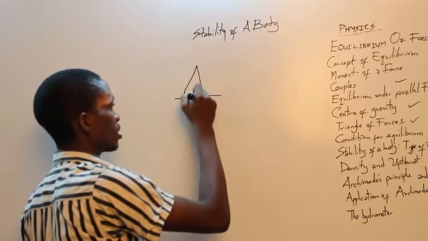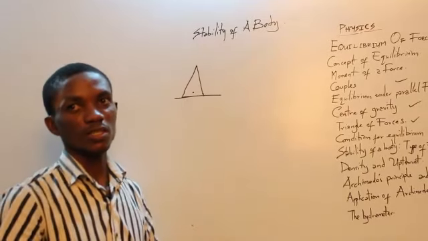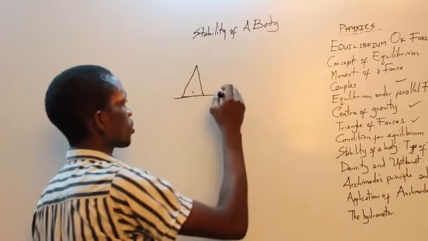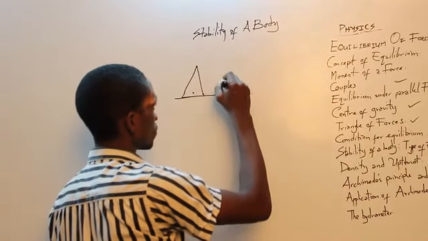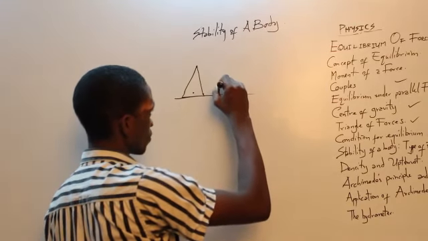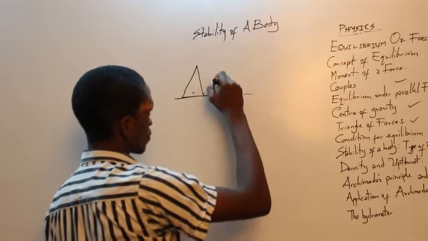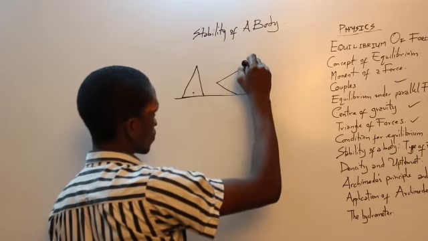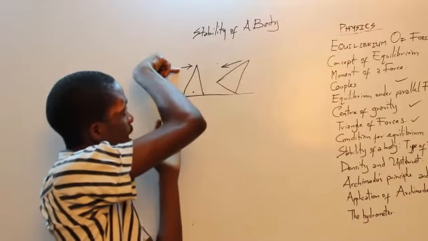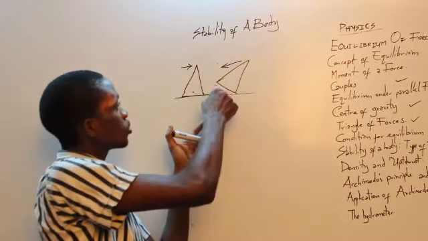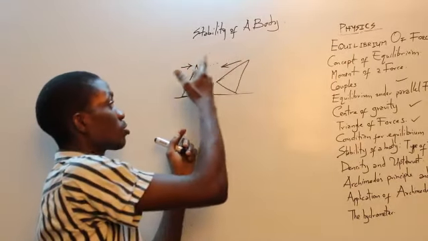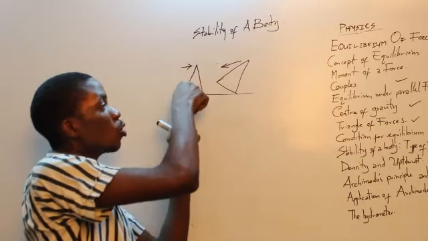Its center of gravity is low within the object. Now, when you push it from this angle, and you push it even up to something as slant as this, if you take your hand off, it falls back to its original position due to its low center of gravity.